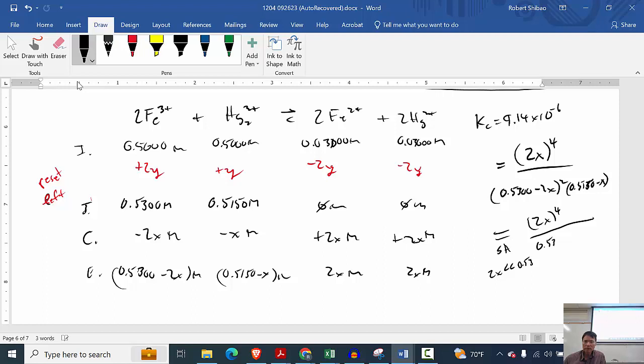So I'll say 0.5300 here, squared, and then 0.5150 here. I'll just put the parentheses in there. All right, now let's solve for x. Solving this for x is not going to be too difficult, I think.